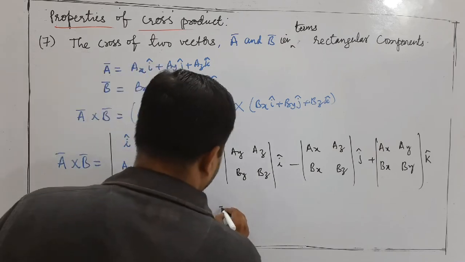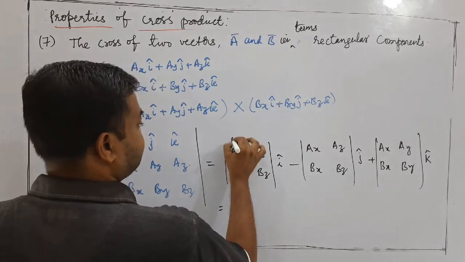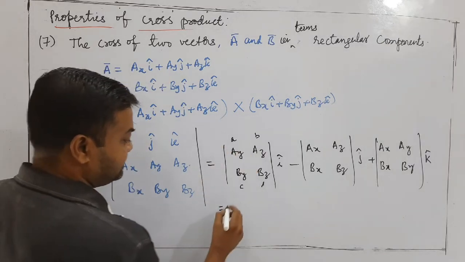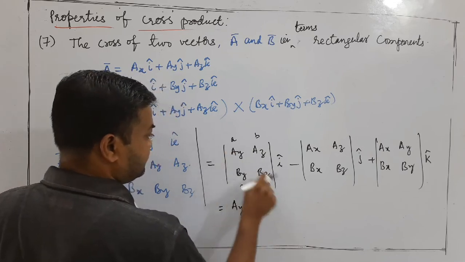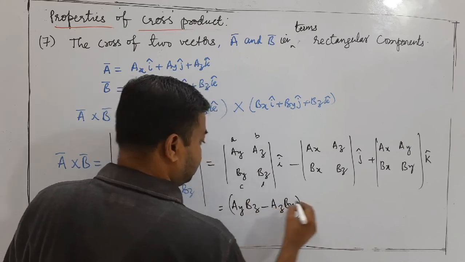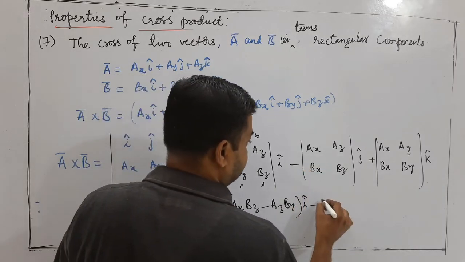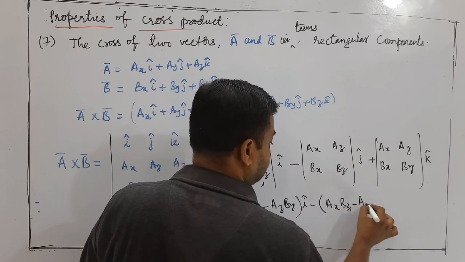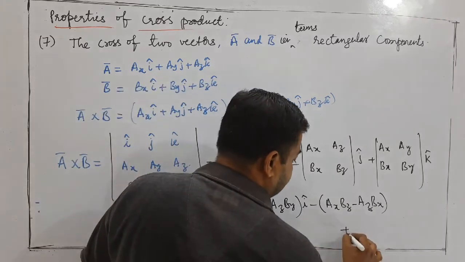And finally here you can write AD minus BC. Suppose this one is A, B, C, D. The formula is AD minus BC. What is AD? AY BZ minus AZ BY into i cap, minus, here next, AX BZ minus AZ BX, like this, plus k.